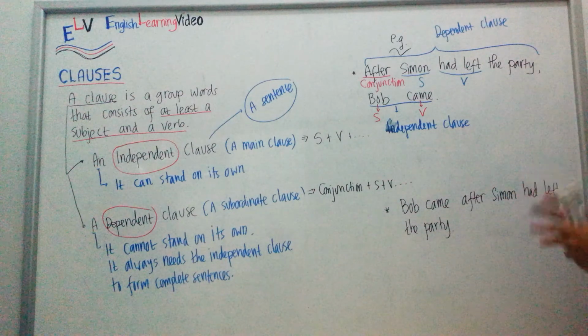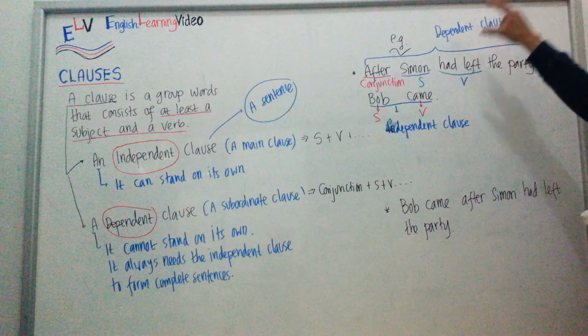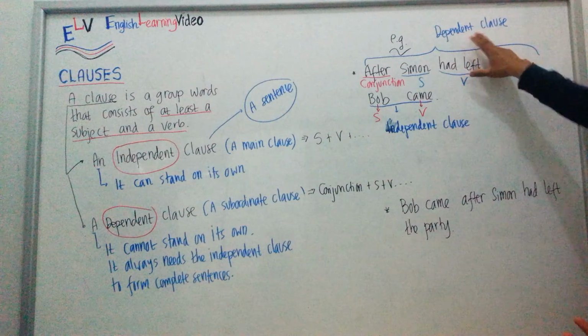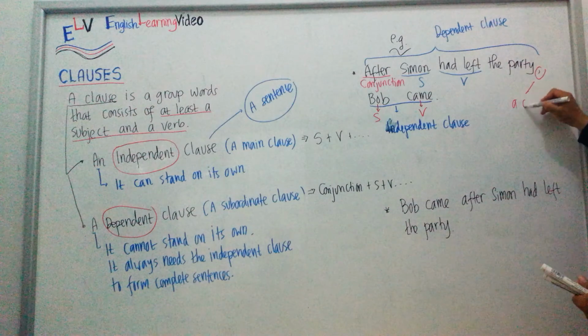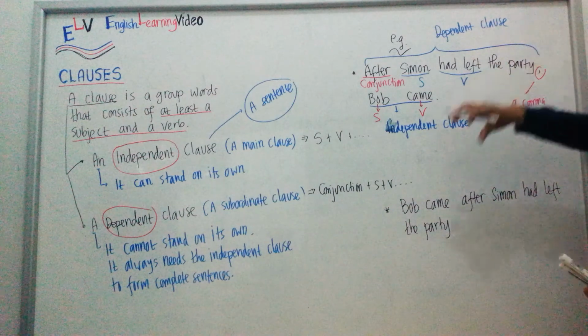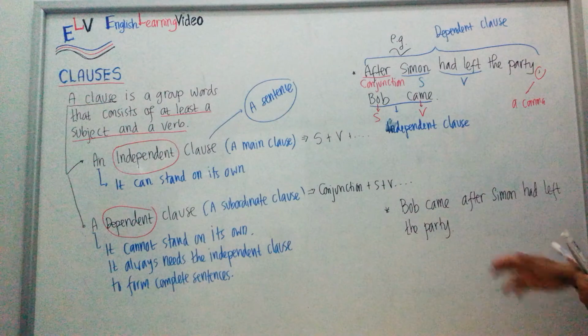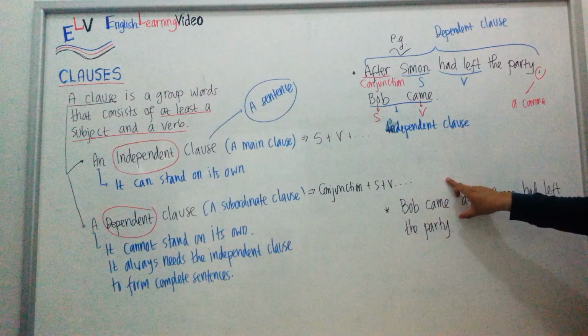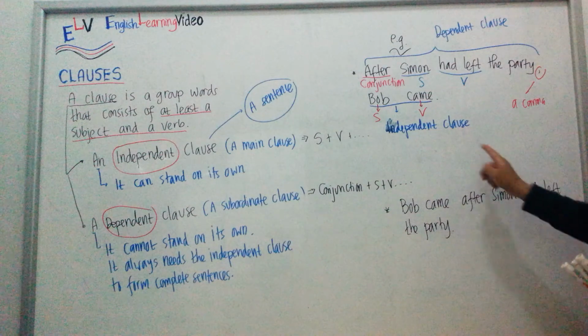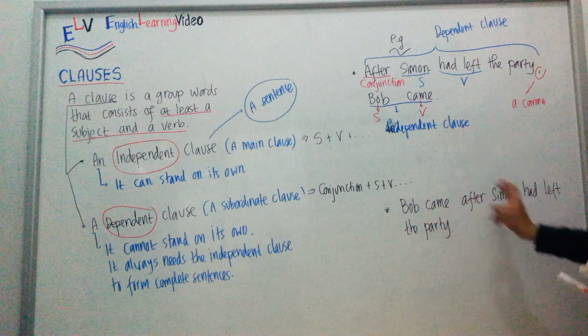And the other difference is that when you put the dependent clause at the beginning of your sentence, there should be a comma. So you have to put a comma that separates the two clauses. But if you put the independent clause or the main clause at the beginning of your sentence, then you don't have to put a comma between the two clauses.